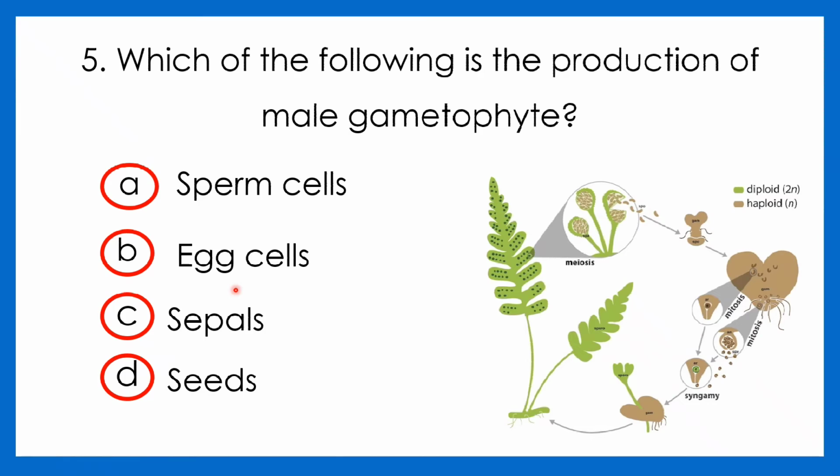B, egg cells. Letter C, sepals. Letter D, seeds. Again, if you know what is male, then you can answer this number 5. Okay, we have male gametophyte. So what is the answer for number 5?